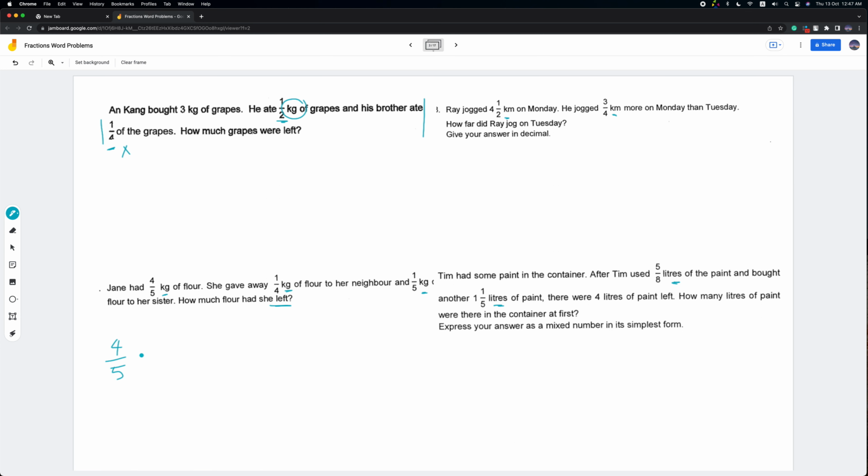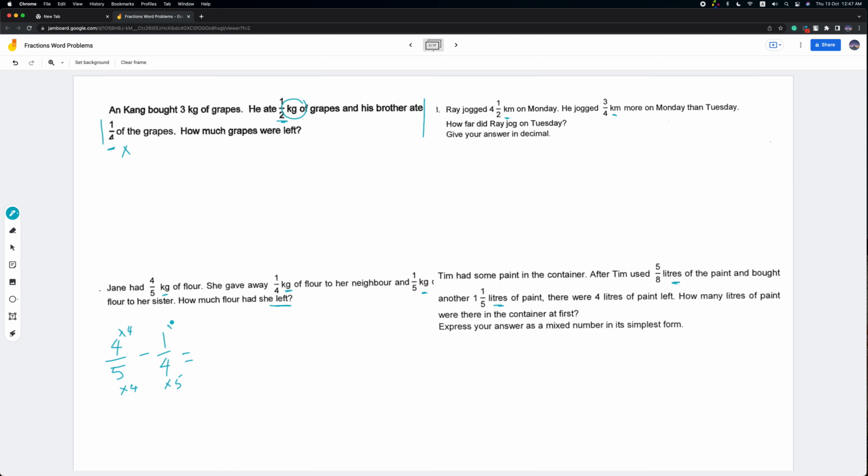So what are you going to do first? We're going to subtract the first fraction, which is 1/4. We change to a common denominator, times 4 here, times 5 here. When we times the denominator, we times the numerator also, by the same number.